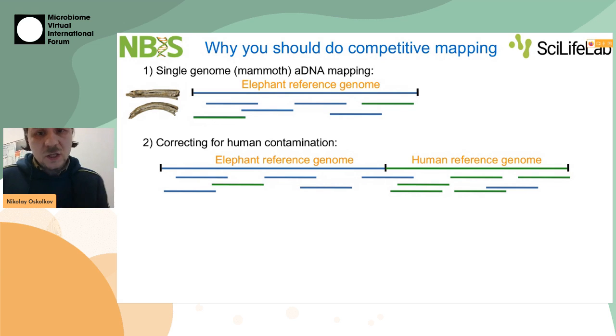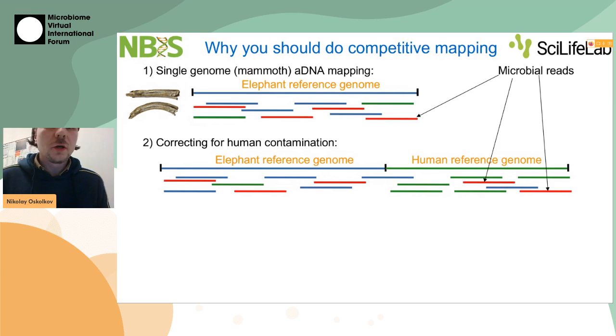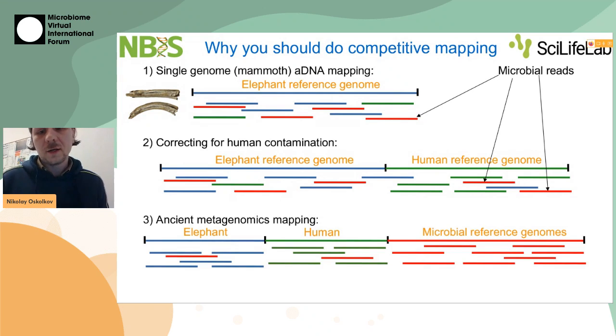So if you think even deeper, you would expect that there can be many microbial reads present there. So in order to do an even better analysis, you would like to concatenate the elephant reference genome with the human reference genome and with many microbial reference genomes in order to do a more accurate analysis.